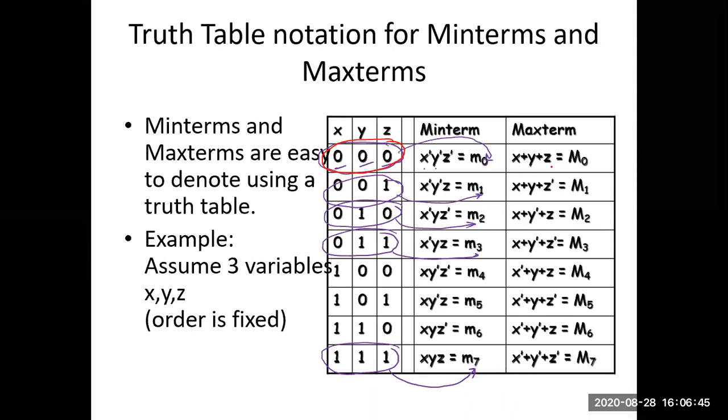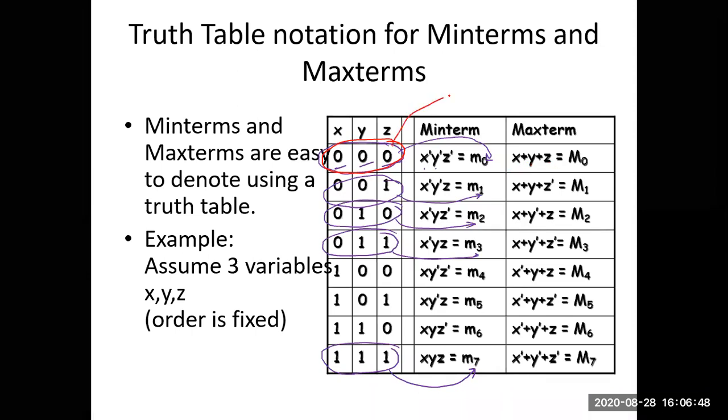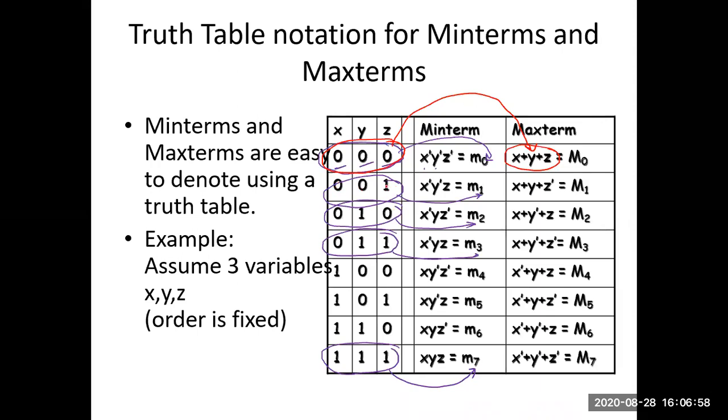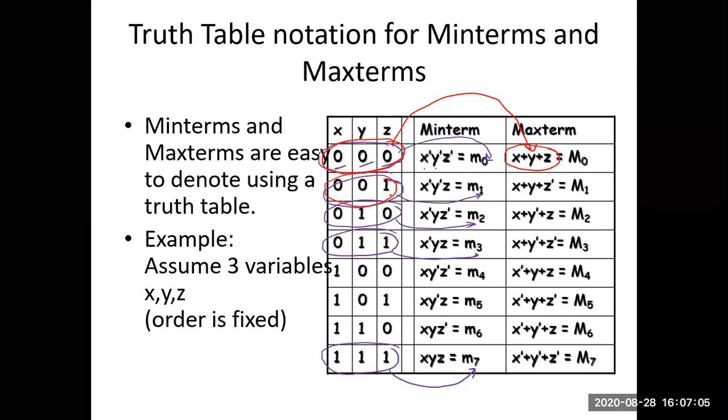Remember this plus also, whenever you are writing a maxterm. So 0 0 0 you write as x plus y plus z, and 0 0 1 you write as x plus y plus z bar, because in the place of z it is 1.